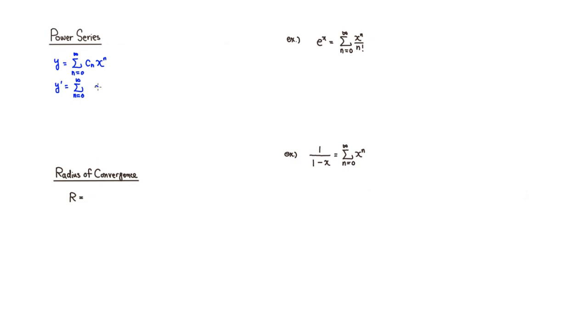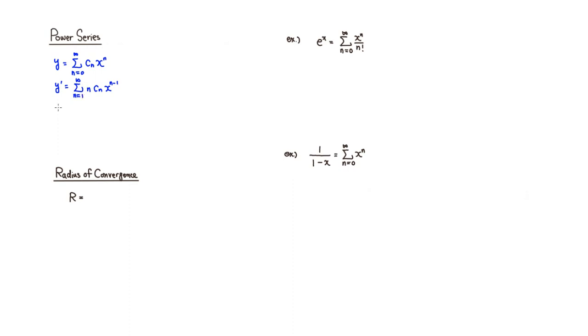Cn is just a number, and using the power rule, you have an n in front, then x to the n minus 1. When n equals 0, the term is 0 anyway, so there's no point in starting from 0. We can start from 1.